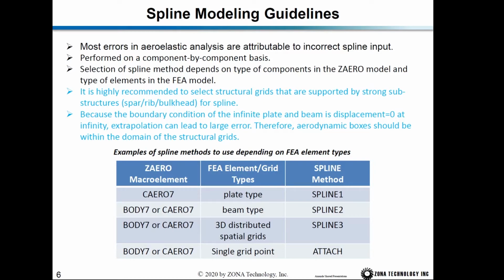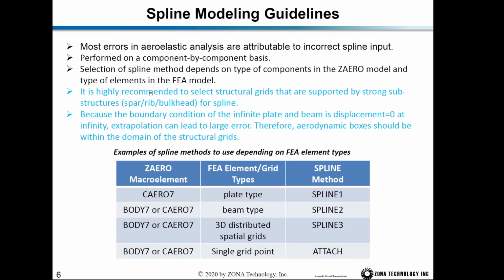For example, if you have a whole aircraft structure with a fuselage, a wing, and an underwing store, then in the fuselage you may use the spline 3, the 3D spline. For the wing, you probably want to use spline 1, the plate spline, and for the underwing store, you probably use attach.